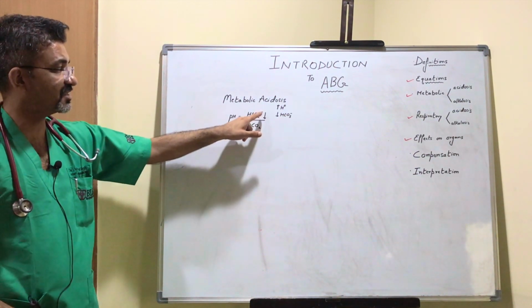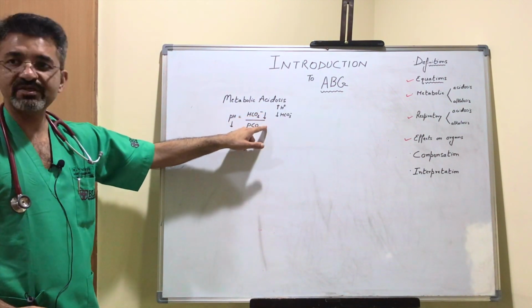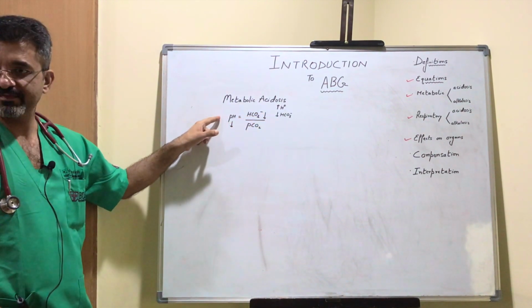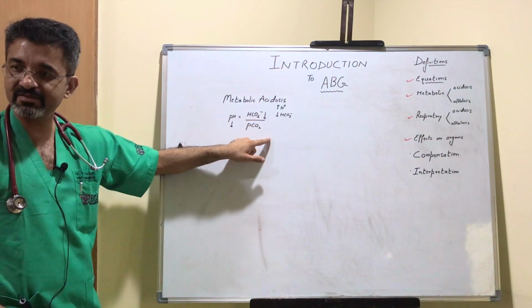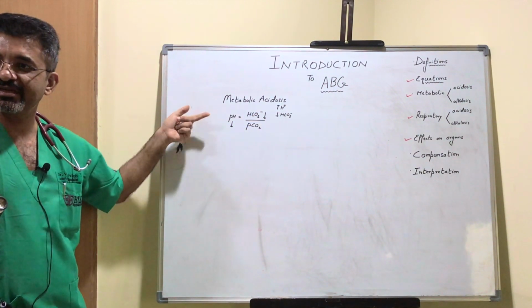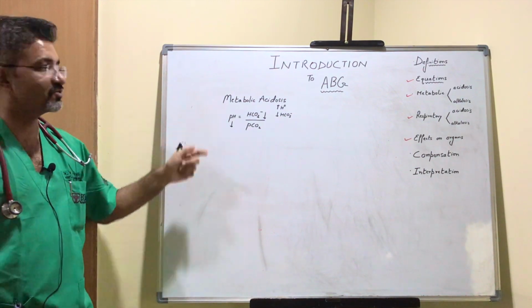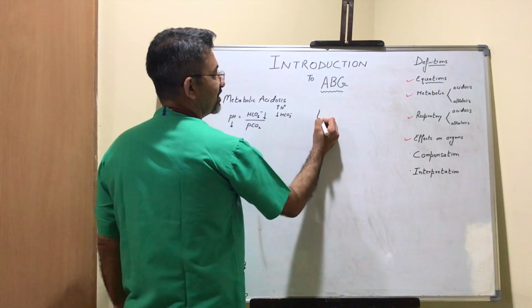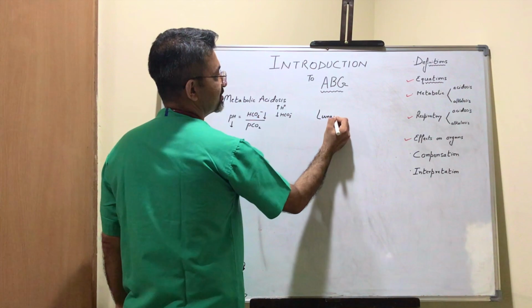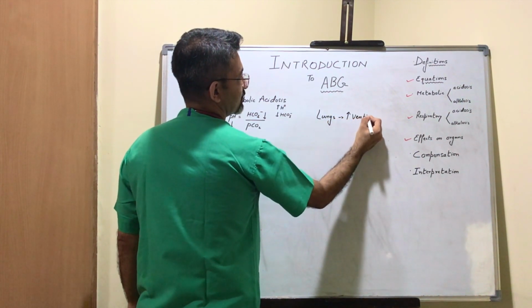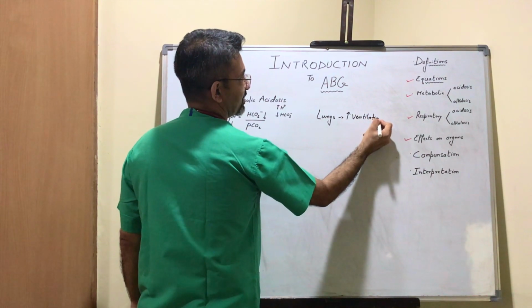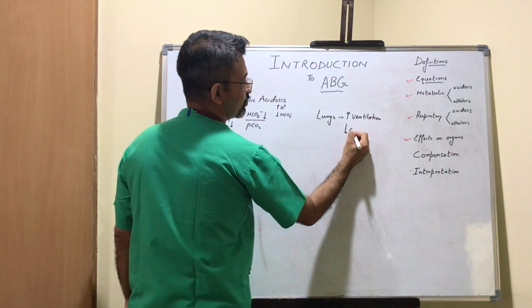If HCO3 is 2, PCO2 is 2, pH is 1. If HCO3 decreases to 1 and my body decreases my PCO2 to 1, the pH again becomes normalized to 1. So my lungs will hyperventilate, increase ventilation, and decrease my CO2.